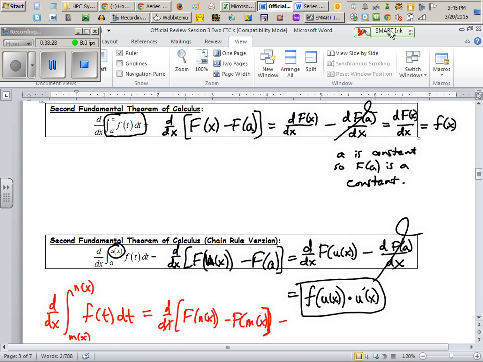This time there are no constants, so nothing becomes 0, but you take the derivative of the first one, you get f, lowercase, of n of x times n prime of x, minus f, lowercase, of m of x times m prime of x.